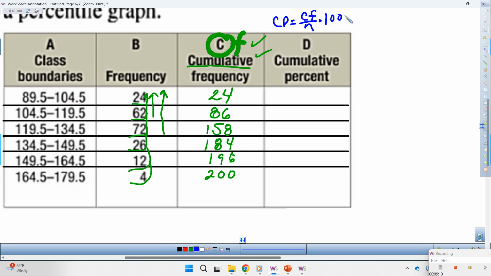All right? So I'll do the first one. What is our cumulative frequency for the first class? 24, yes? So I'm going to write 24 divided by the total number of numbers. How many total numbers do we have, everyone? Okay, let me read the problem one more time.